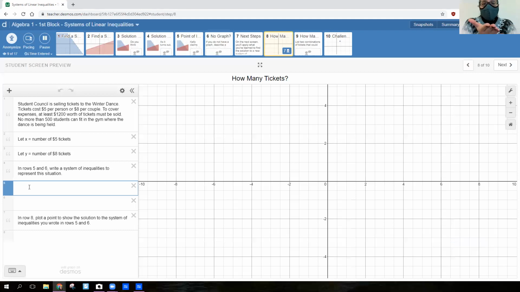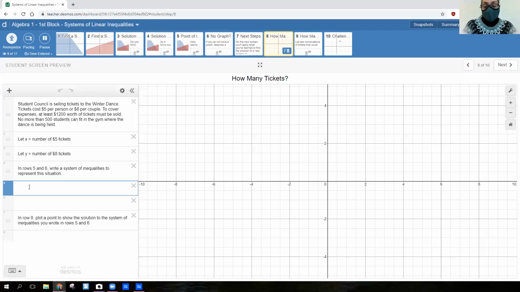So combined, all the individuals and all the couples put together cannot be more than 500 people, because the gym can't hold more than 500 people. So the number of $5 tickets plus the number of $8 tickets cannot be more than 500 people.